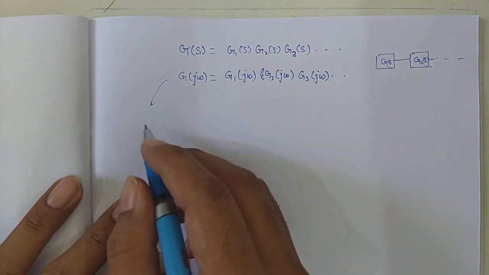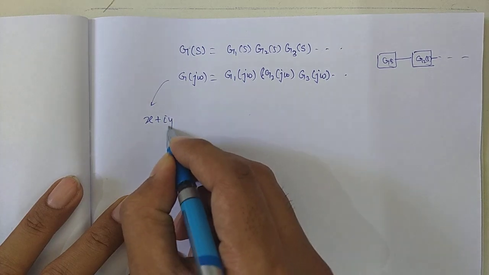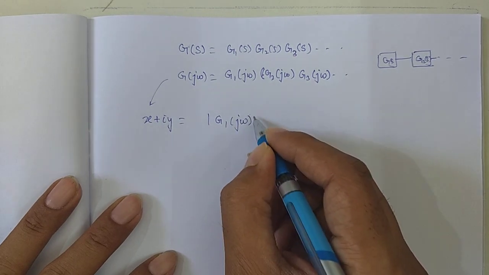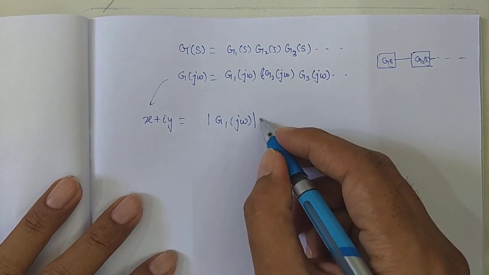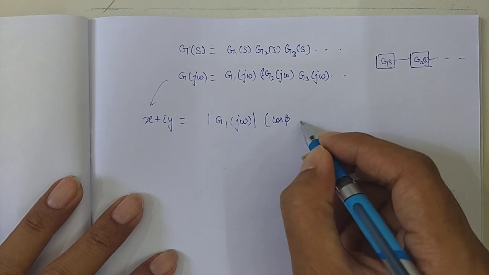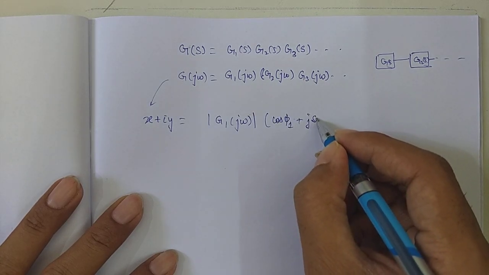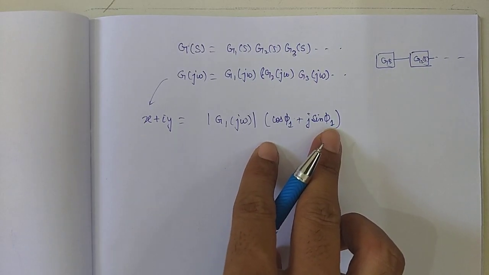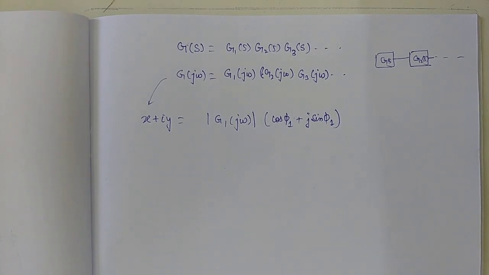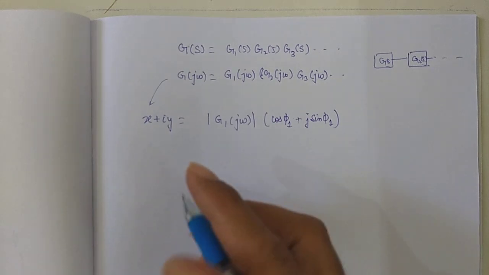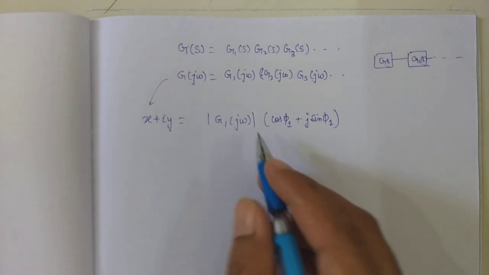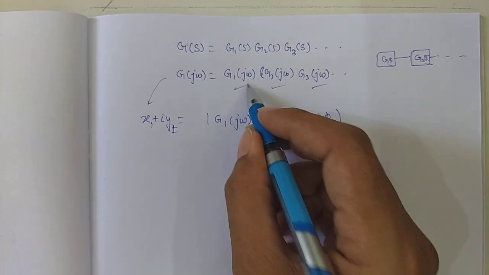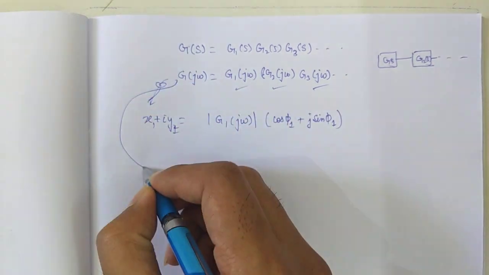Now in similar analysis, in complex analysis, what we have written, x plus iy, is nothing but the mod of G1(j omega), suppose I am talking about this first thing, times cos phi 1 plus j sin phi 1, right? This is the magnitude, this is the phase. We have already talked about this in phasors. Similarly for x1 y1, this one and this one also you will write in clubbed form.